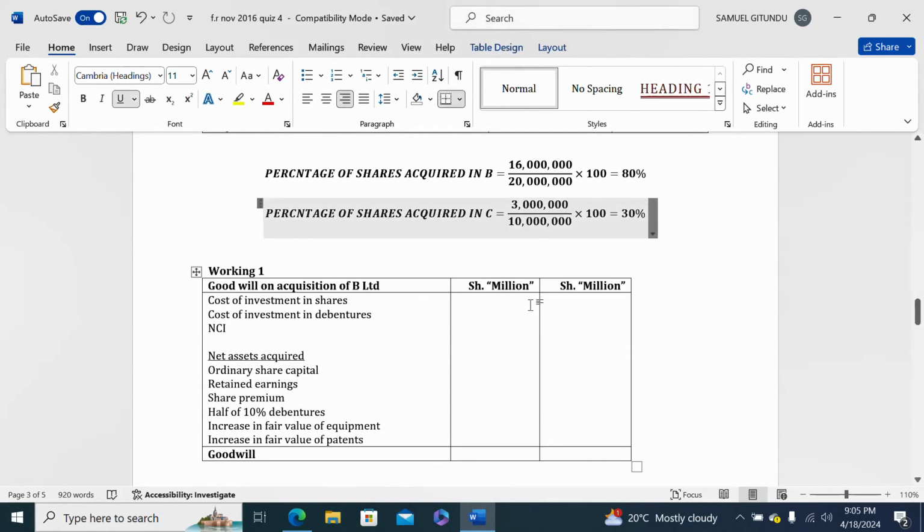So we start with 480, the cost of investment in shares. Then we have our NCI, which is 120, but before the NCI, we have the cost of investment in debentures.